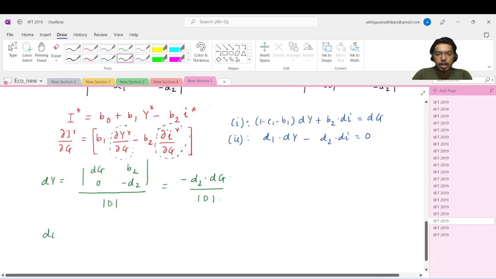And what will di be? This will remain 1 minus c1 minus b1, d1.